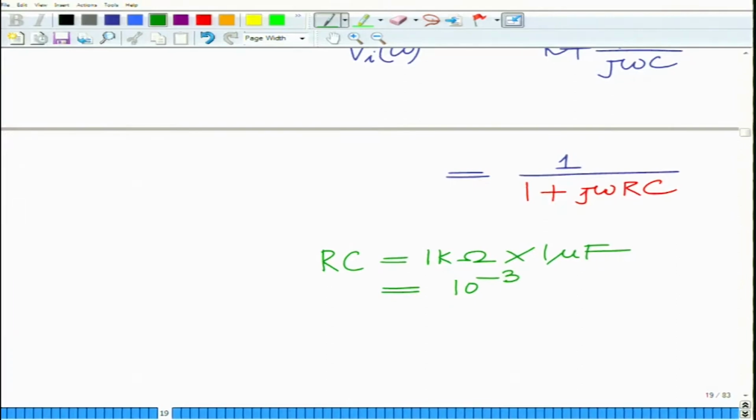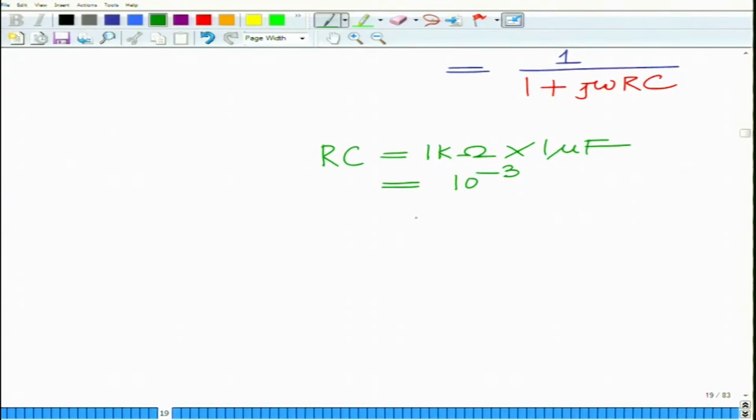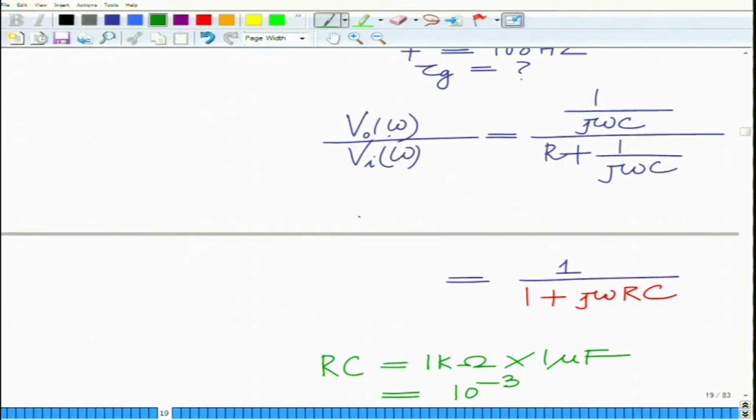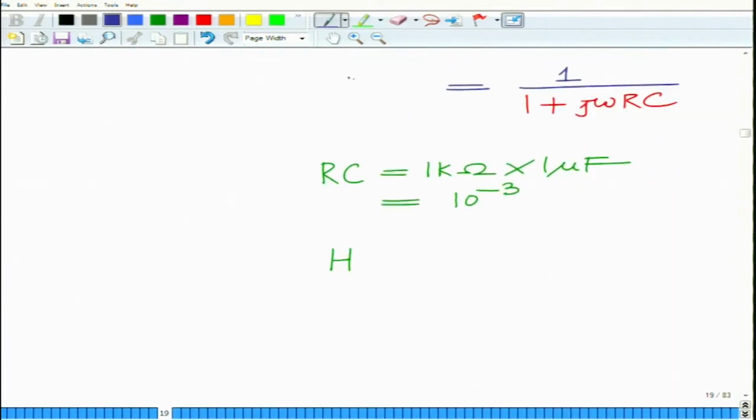Now if you look at H of omega, the transfer function, H of omega equals 1 over 1 plus j omega RC.